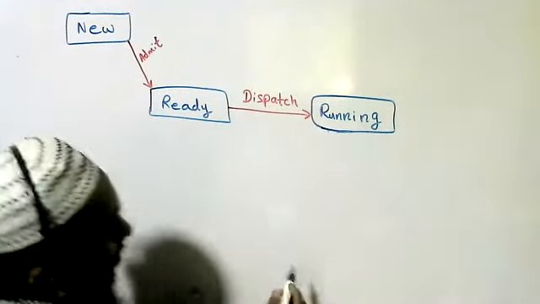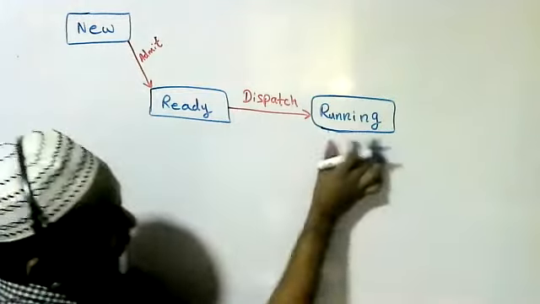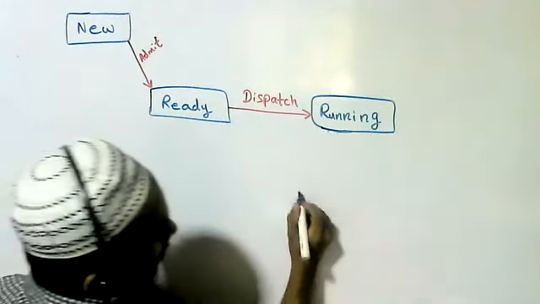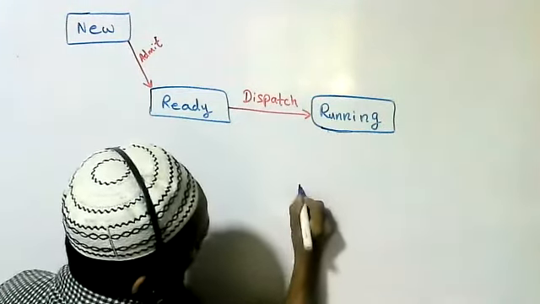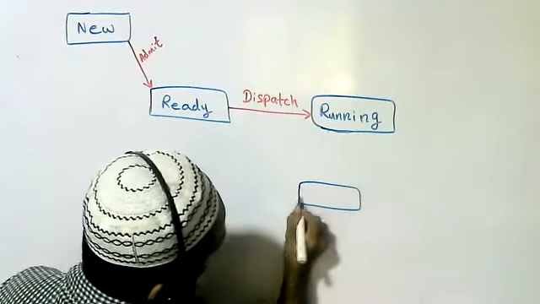So a running process, if it needs an IO event, it may come to blocked state.